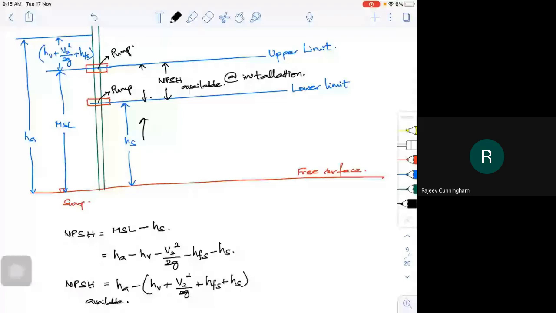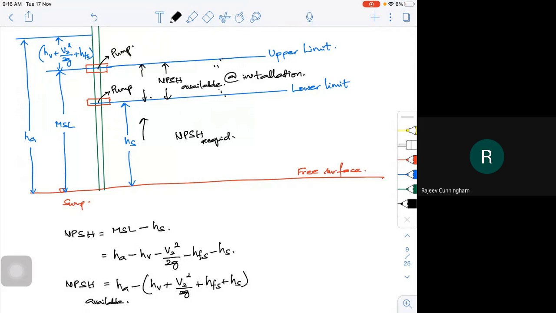That means NPSH available is more than NPSH required. NPSH required may be somewhere between these two points, between your upper specific and lower specific limits, which a manufacturer will tell you, that yes, you have to install at this particular point. And maybe your plumber or someone will calculate and tell you, yes, I'm going to install at this particular point and this should be my number.